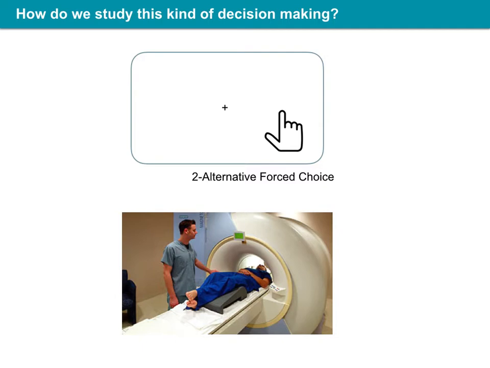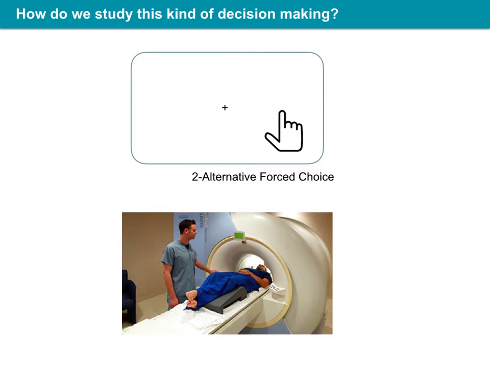What's nice about this paradigm is that it reduces some of that complexity of what we've seen in the naturalistic decision scenario to a relatively simple thing that we can study in the lab, where we can place everything under very tight experimental control, so we can control what stimuli are being presented, and there are only two items to choose between.